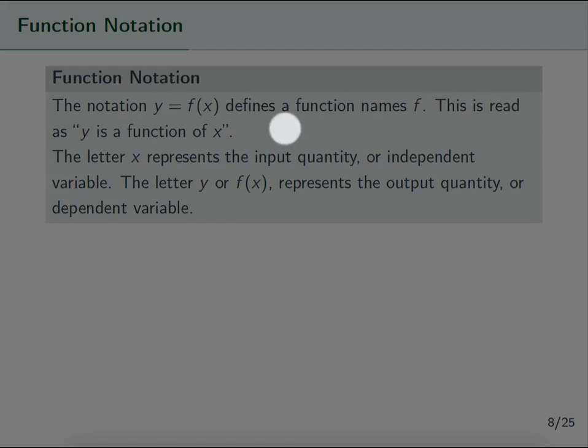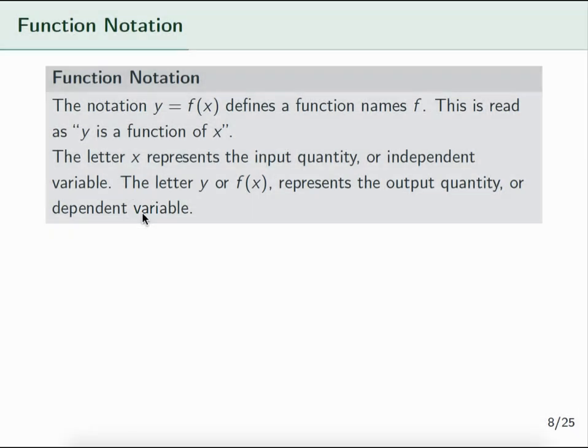This is read as y is a function of x, and x represents the input quantity. As I wrote here, the letter x represents the input quantity or independent variable. The letter y, or f of x, represents the output quantity or dependent variable.